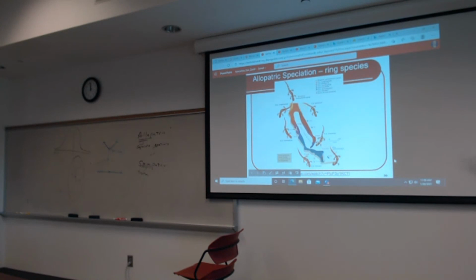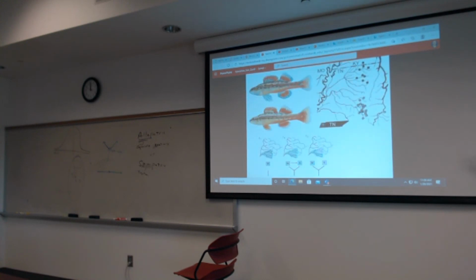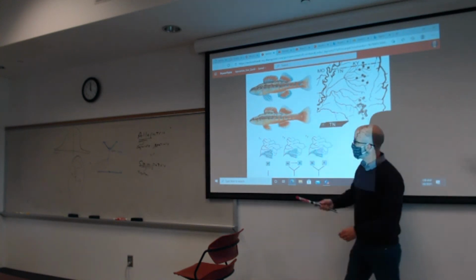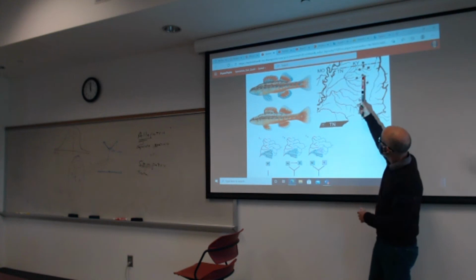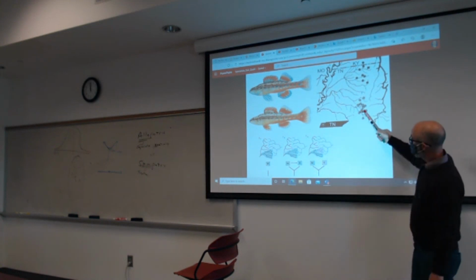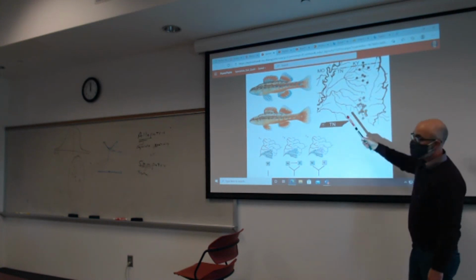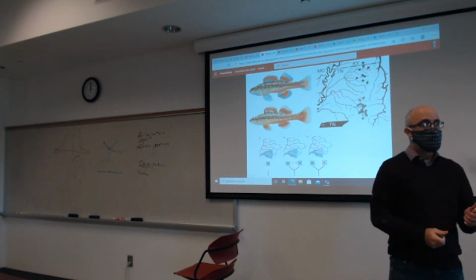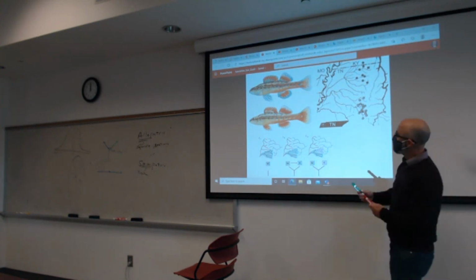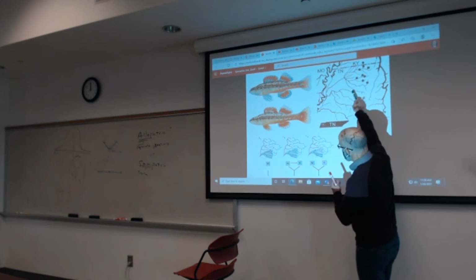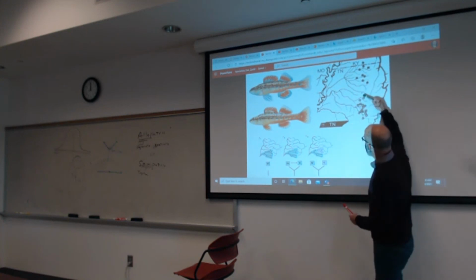An example, it's not really speciation, but it's probably right on the way to being speciation. Two different species of darters in the genus Etheostoma. One species lives here, one species lives there. They're very closely related to each other, and they probably evolved when climate changed and they became isolated in these two different river systems.